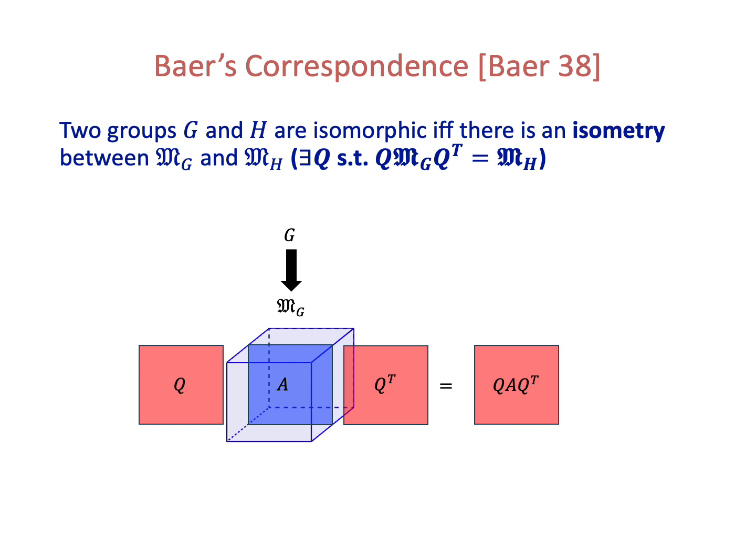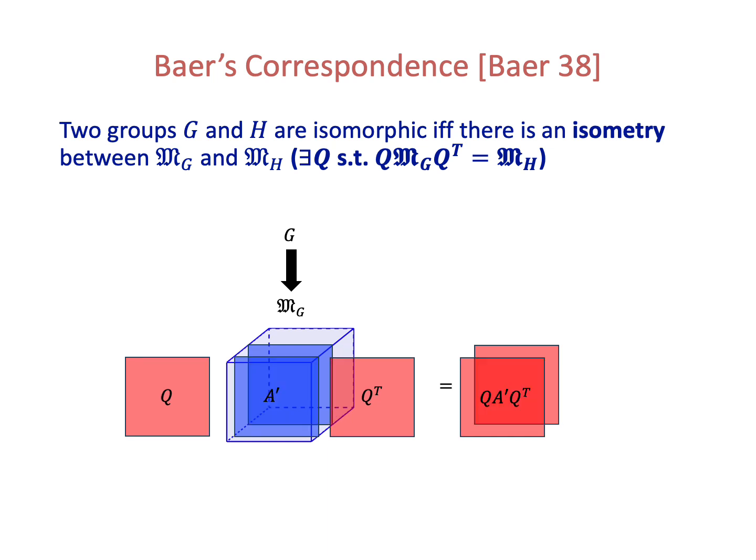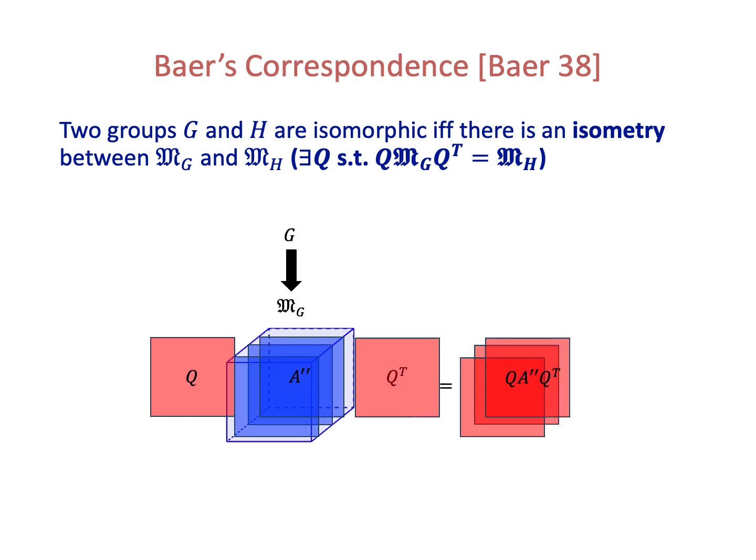The conjugation of a space by Q is obtained by multiplying Q and Q transpose from the left and right to each matrix in the space, and taking the union of the resulting matrices.